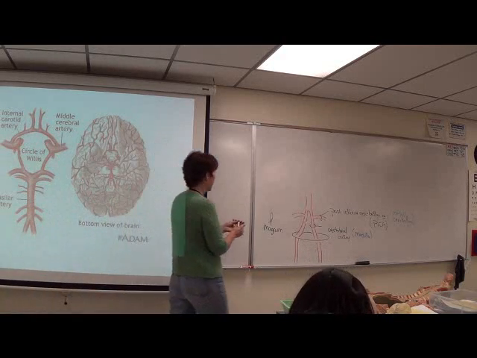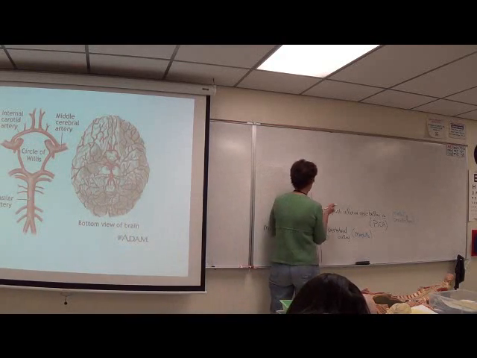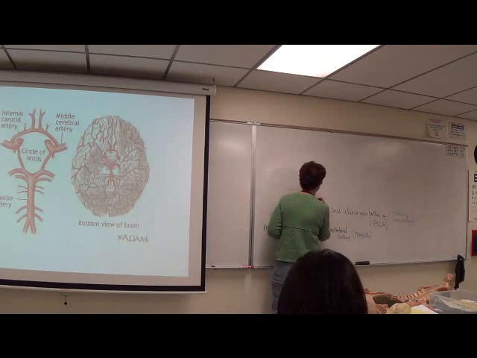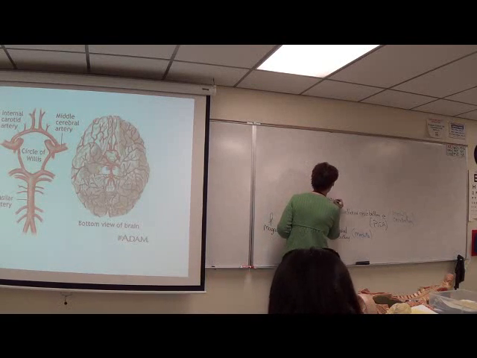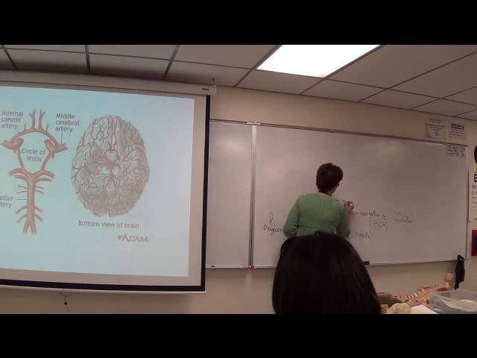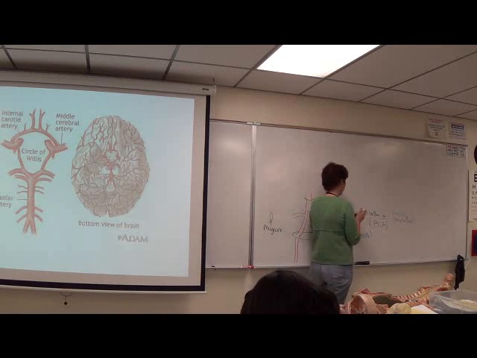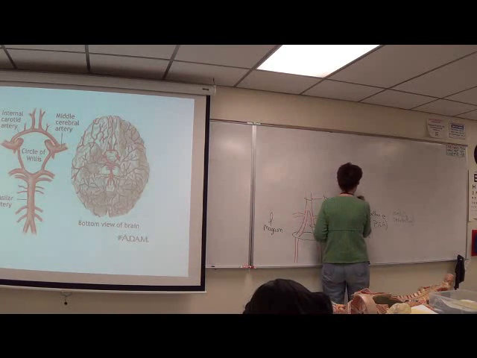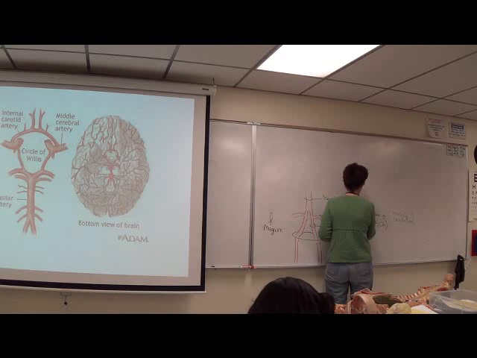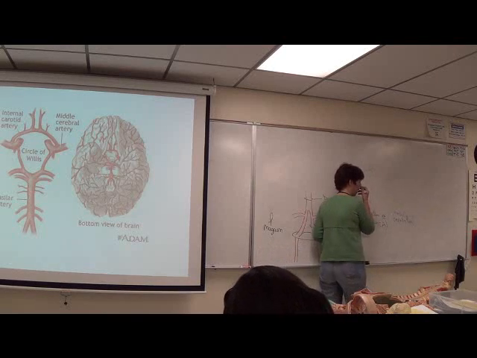Then these two join together and create the basilar artery. And branches from this will supply the pons and the cerebellum. The pons again is part of our brainstem.